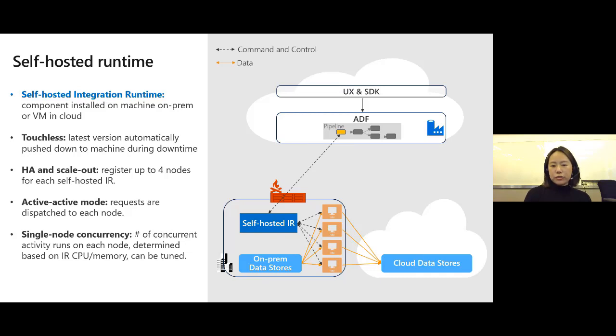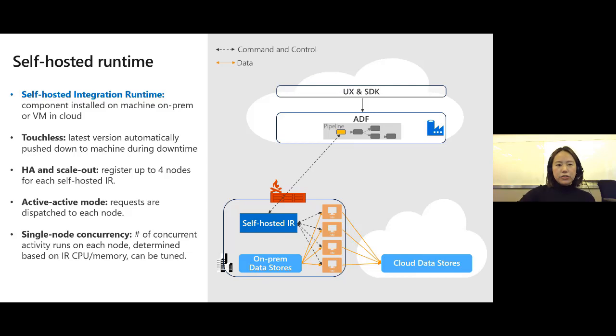Then all those nodes will become active to pick up and run the jobs to move data around. Also, each of the nodes has a concurrency that it can handle multiple copy activity runs. So with the 4 nodes, you can actually run quite comprehensive data movement workloads for your scenarios.